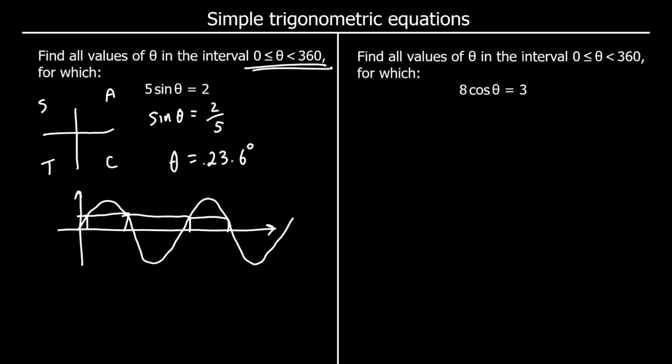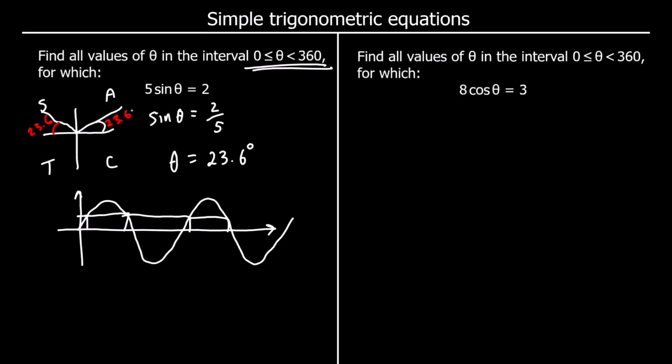So the first answer, 23.6 degrees, is here. Sine is also positive between 90 and 180. So we're going to have 23.6 there as well.